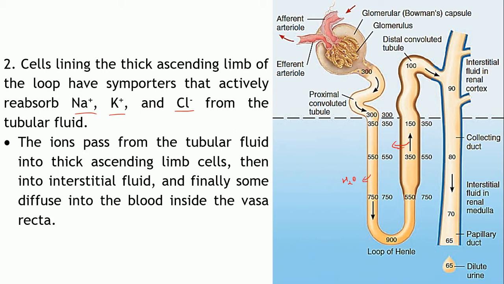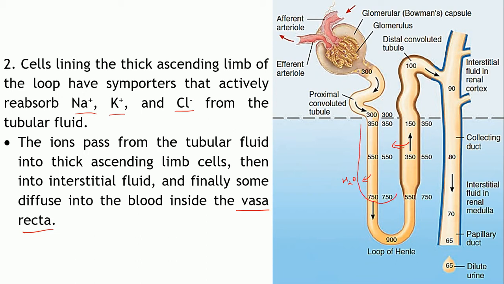Mainly only the sodium and chloride will be moving out of the thick ascending limb of loop of Henle. So it will enter into the interstitial fluid, and from here it will enter into the vasa recta. Remember vasa recta, these are the blood vessels which are supplying the loop of Henle, right? They are peritubular capillaries also and vasa recta also. So from the interstitial fluid it will move into the vasa recta.